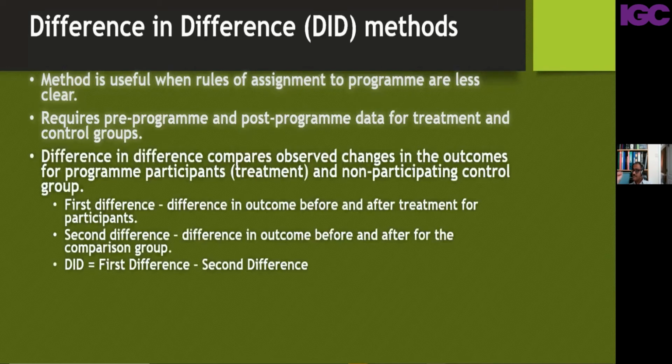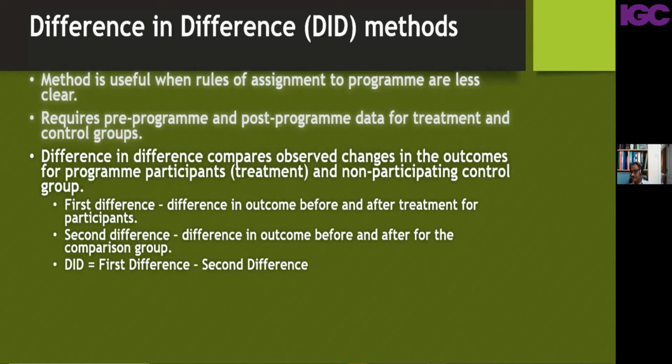Now, difference in difference compares the observed changes in the outcome for program participants, that is for the treatment group, and the non-participating control group. So the first difference is defined as the difference in outcome before and after treatment for the participants.